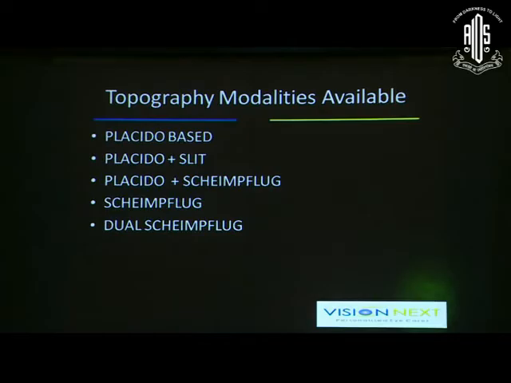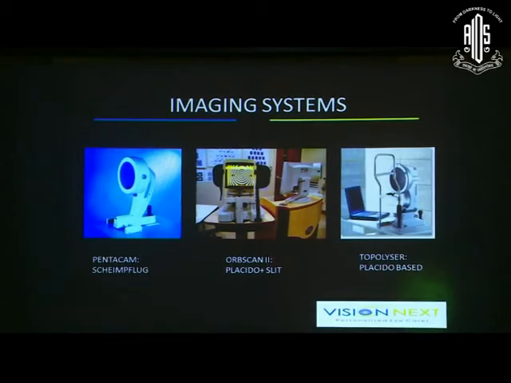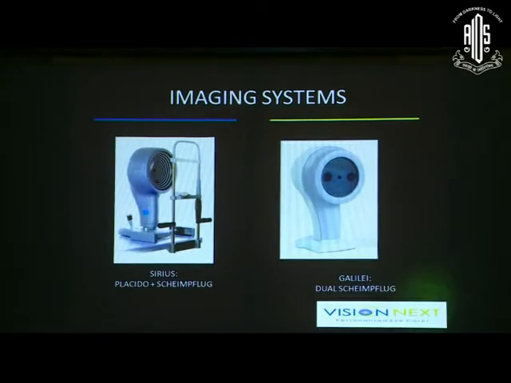We have so many topography models available in the market today, which are Placido disc, Scheimpflug, dual Scheimpflug with Placido, and so on and so forth. For example, the Pentacam, the OPD-Scan, Topolyzer, the Cirrus, the Galilei, there are so many of them.